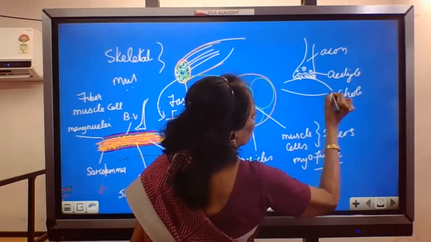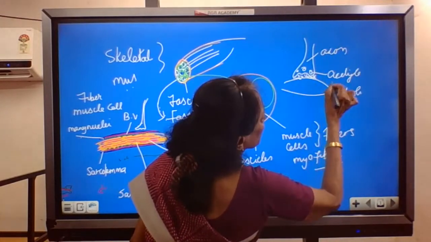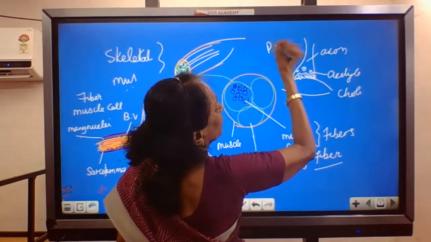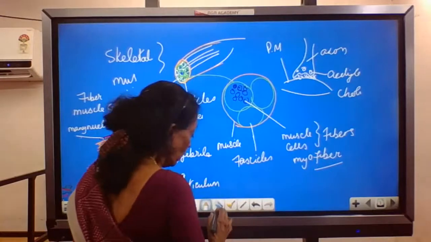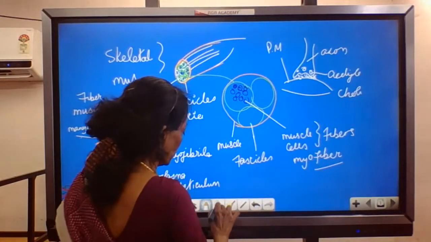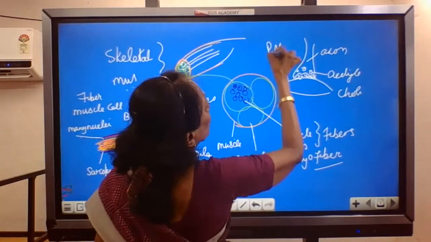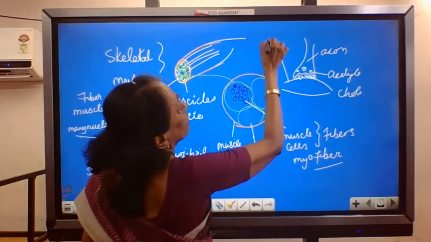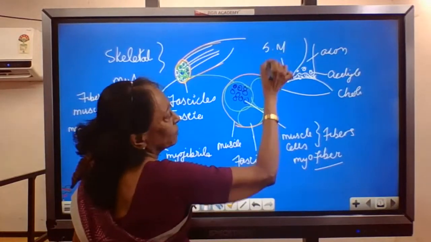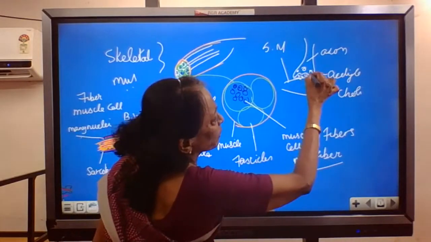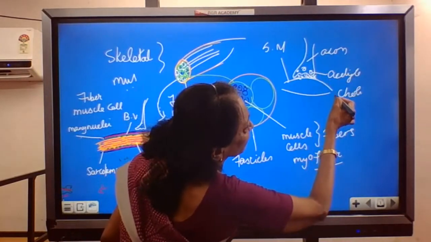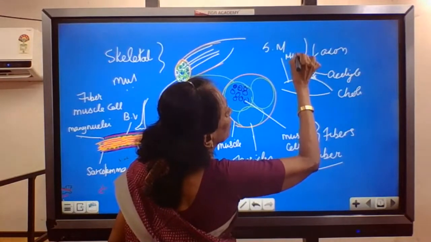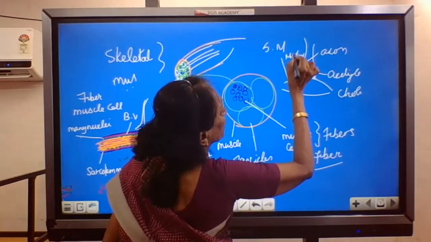This is the axon. This is the sarcolemma, the plasma membrane of the cell. I should not use the word PM, because the covering is known as the sarcolemma. I'll write SM for sarcolemma, and at the fusion, this plate is the motor end plate.